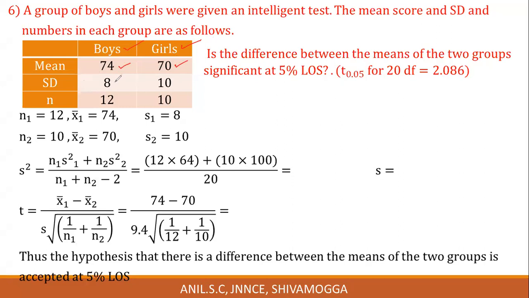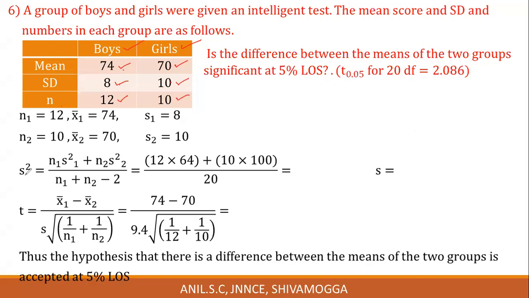The standard deviation for boys is 8 and for girls is 10. Number of members in the first group is 12 and in the second group is 10. So x1 bar 74, x2 bar 70, S1 is 8 and S2 is 10, N1 is 12 and N2 is 10.